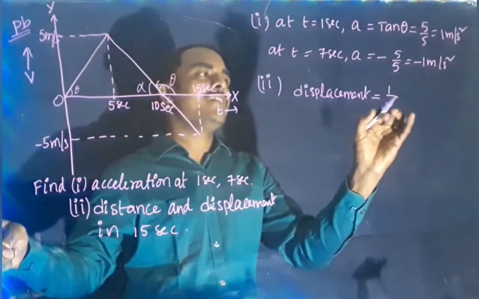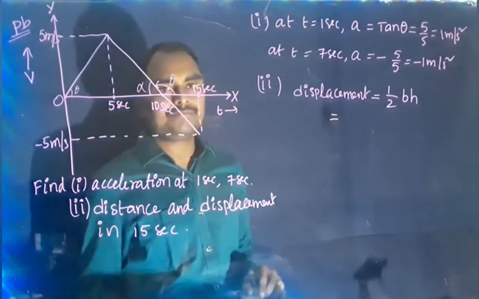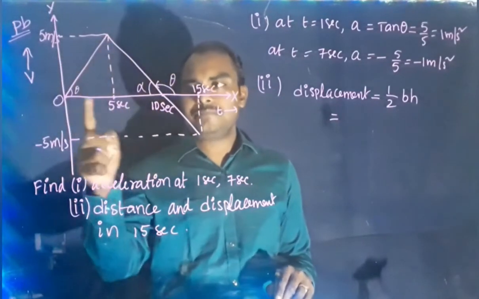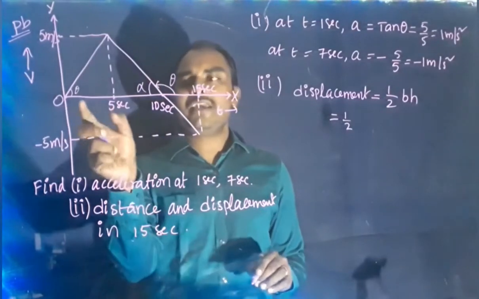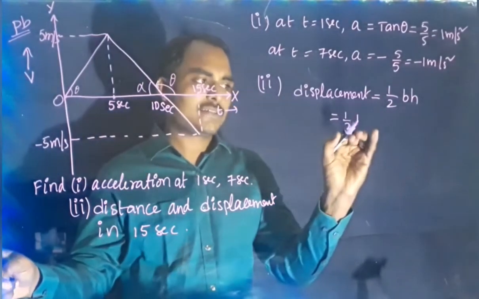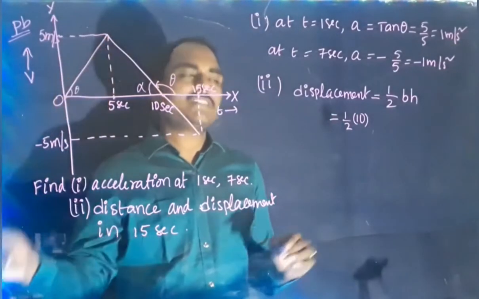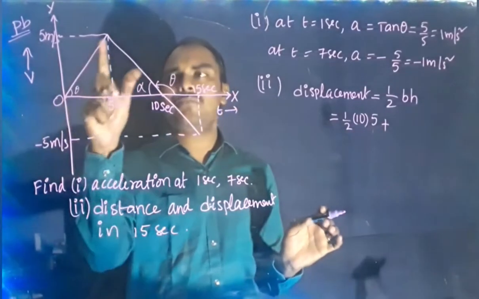The area of a triangle is half into base into height. First, the area of the first triangle: half into base, 0 to 10 seconds, so 10, into height, 5 meter per second. So half into 10 into 5. This is the area of this big triangle.